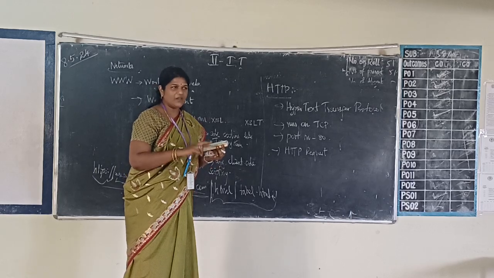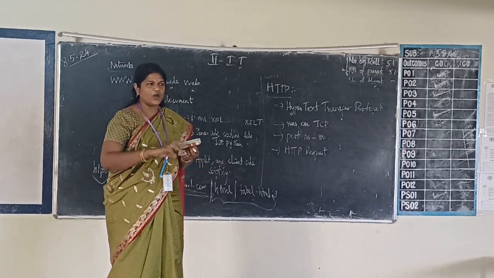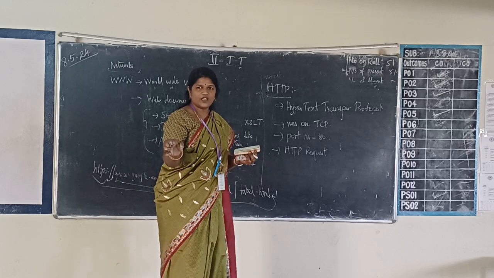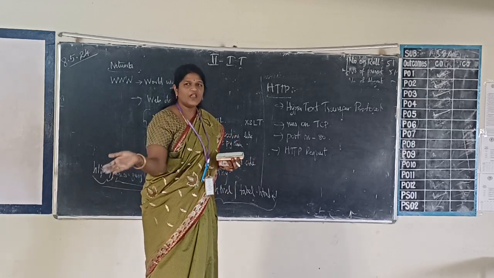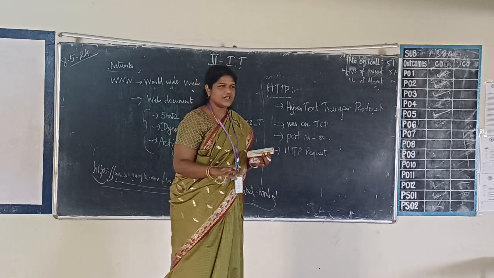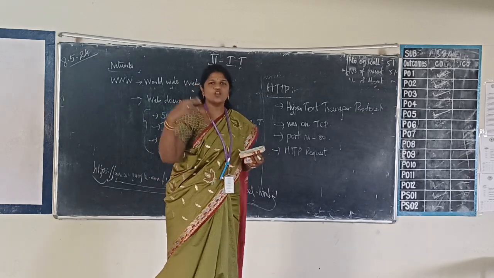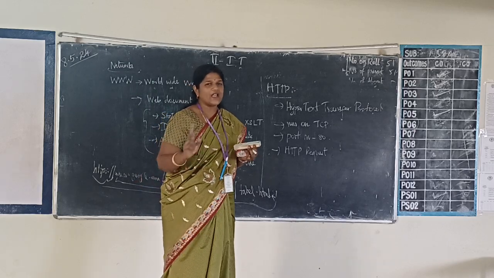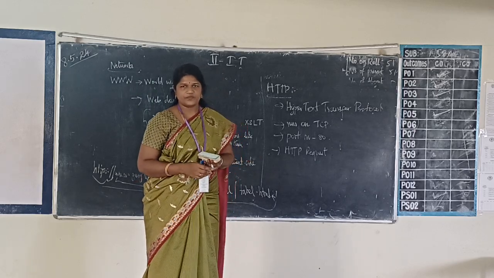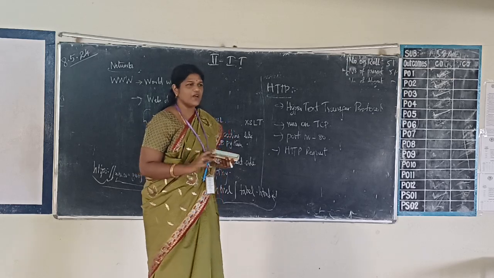Then after a one minute gap, or within a fraction of a second, another user from anywhere also asks for today's date and time. The server responds for that too. Do you think both answers will be the same?